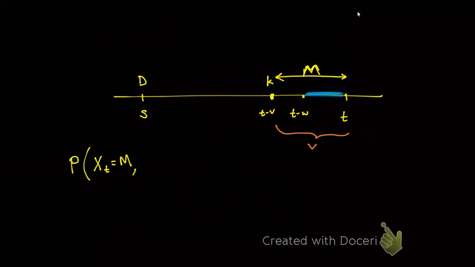In other words, our current holding time C_T, which represents the time since the last jump, we want that last jump to have happened at least W time units ago. So C_T is bigger than W, given that we started off in the divorced state.